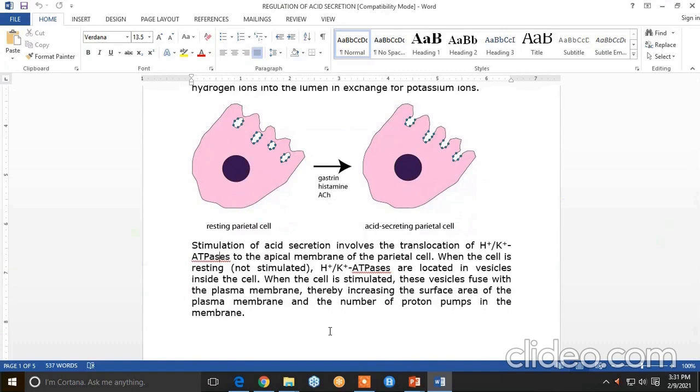When the cell is resting, meaning not stimulated, the hydrogen potassium ATPase is located in vesicles inside the cell. When the cell is stimulated, these vesicles fuse with the plasma membrane, thereby increasing the surface area of the plasma membrane and the number of proton pumps in the membrane.